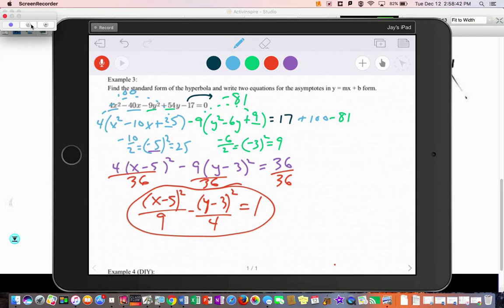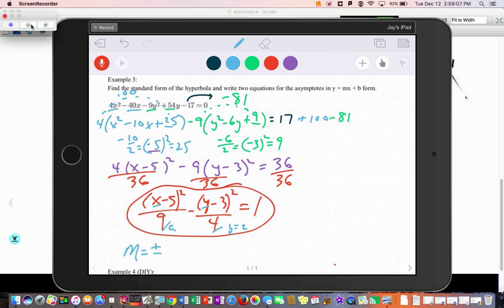So we found that. Now we're supposed to write two equations for the asymptotes. Now one of the things that will happen in a hyperbola is we're going to have a slope. And it's plus or minus. Take what's under y is a 4. So that means my b technically is a 2. And under the x is a 9.